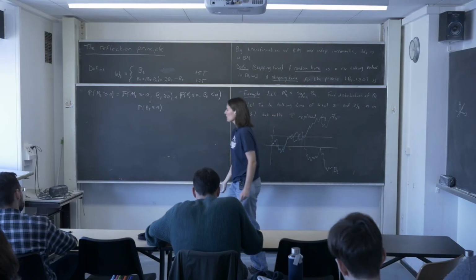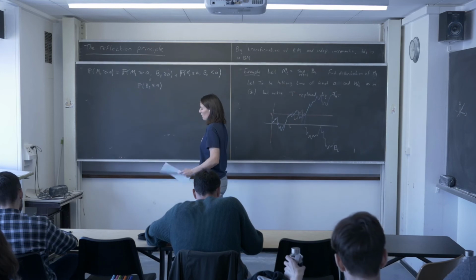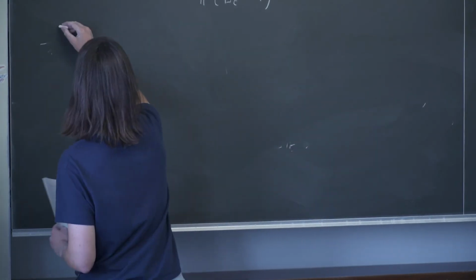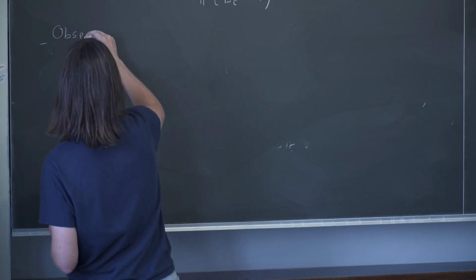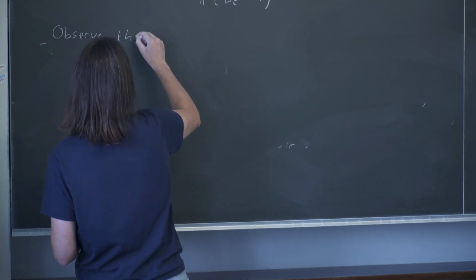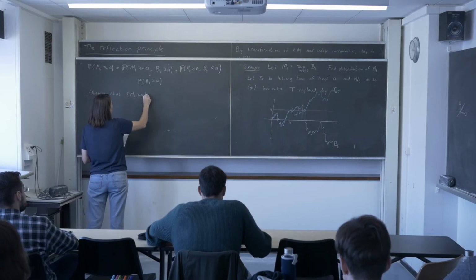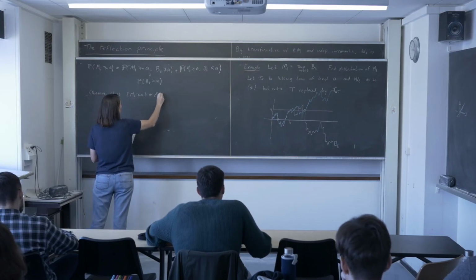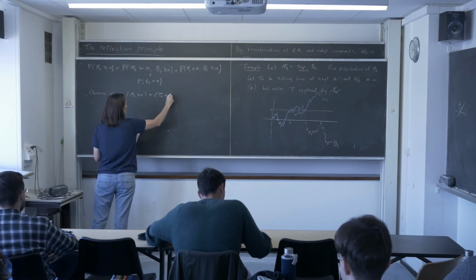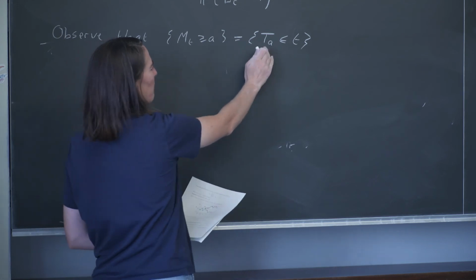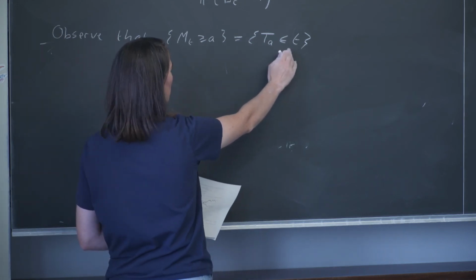So let's have a look at the second term over here and see what we can do. We'll observe that this event, M_T being bigger than a, is exactly the same event as T_a being less than or equal to t. If my maximum is bigger than a, I must have hit level a before time t.